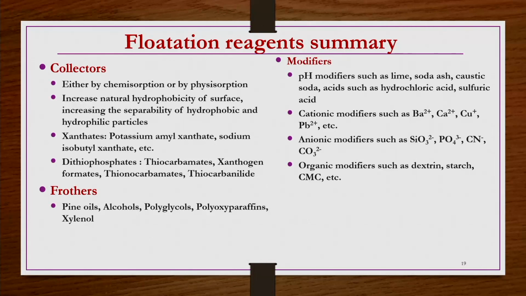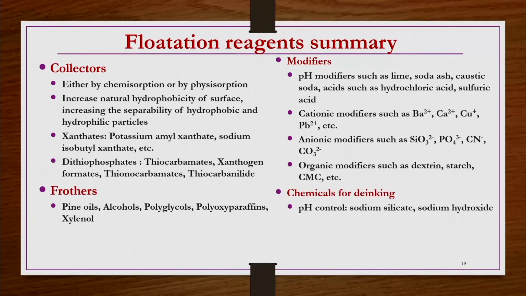These are good modifiers. De-inking can also be enhanced by flotation. That is one of the examples we have seen where flotation is also used other than in the mineral industries. So, some chemicals are required for this de-inking, either as collectors or modifiers or froth agents.